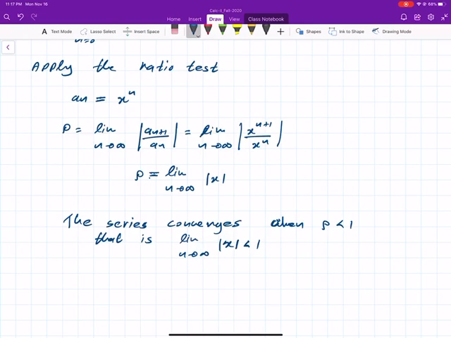That means the values of x should be smaller than 1 and greater than minus 1. You have learned absolute value in Calc 1. So if absolute value of x is less than 1, then this is the corresponding solution.